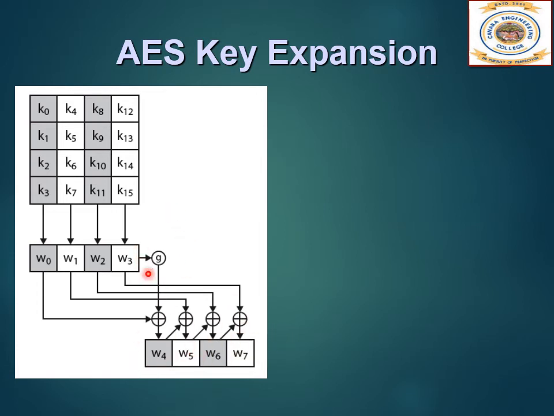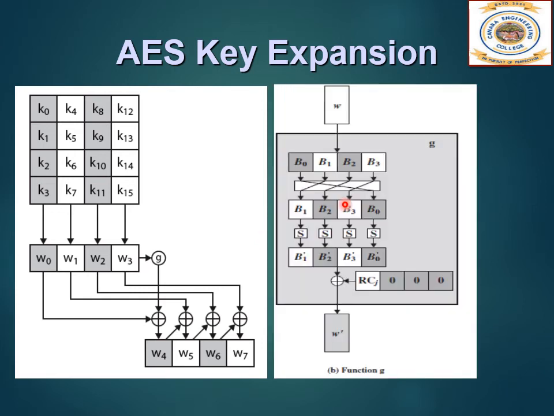Now what is this G? That is explained in this particular figure over here. See what this G does. W0, W1, W2 and W3 is given as input, that is taken as W over here. So we write it as B0, B1, B2, B3.